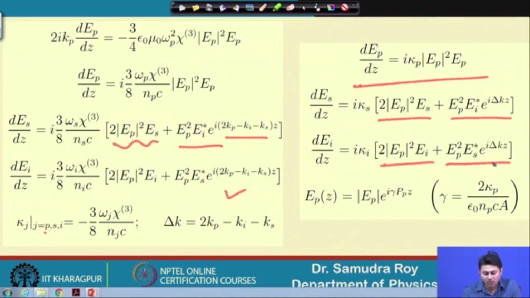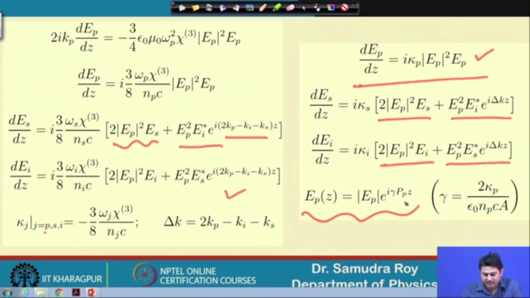The next thing is to solve these equations. So, now we are going to solve Es. In order to solve Es, we need to know what Ep is, because Ep is sitting here, and we have a solution of Ep. The solution will be something like this, and this is nothing but the solution of self phase modulation.